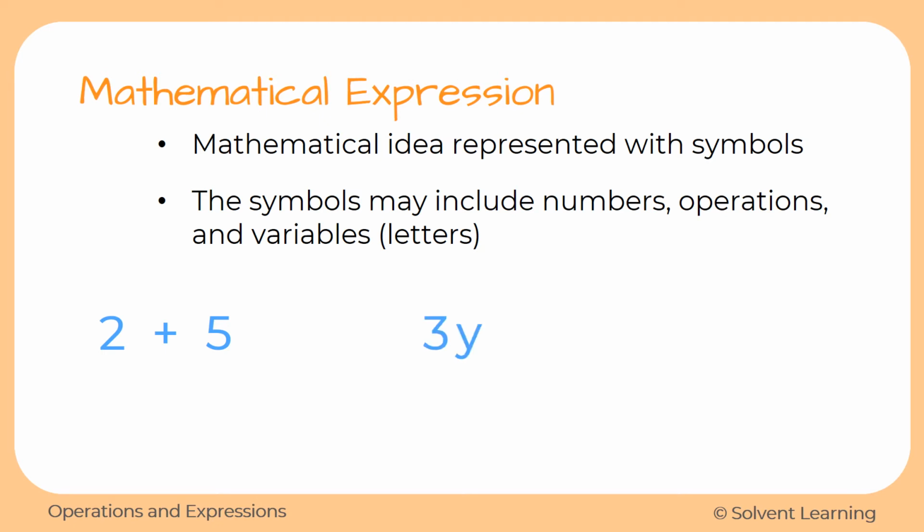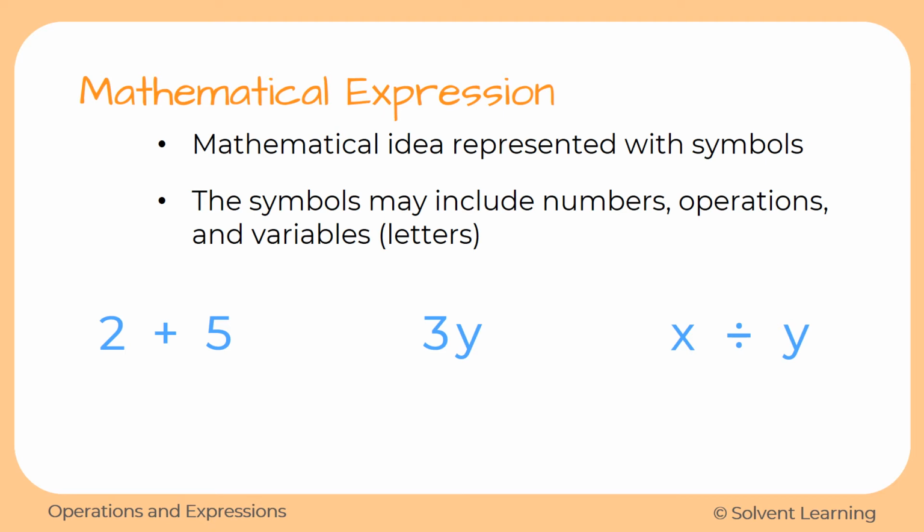We can also mix numbers and variables together to form an expression. So with this one, we have 3y, which, even though we don't see a symbol there, it represents multiplication. So the 3 and y are being multiplied together. And then we can also have different variables combined together in an expression.